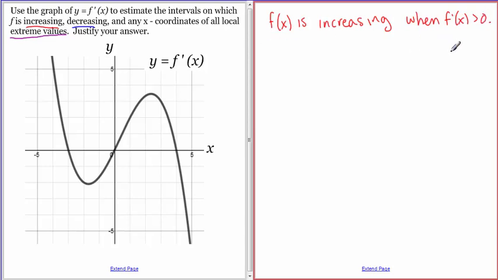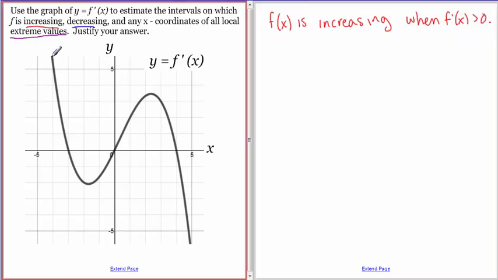So that's my justification. So now we need to see, when is this graph greater than 0? Greater than 0, what is that?